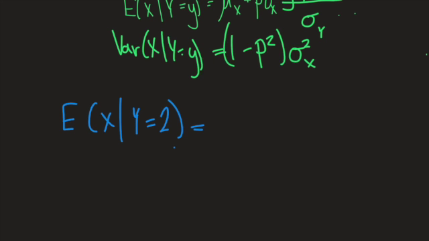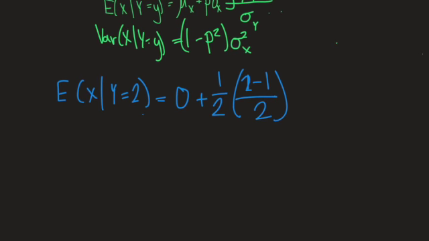Our mu of x is 0. Plus, since y is 2, I have a 1/2 times y minus mu of y, which is 1, divided by this, which is 2.